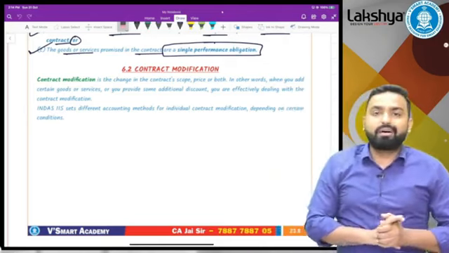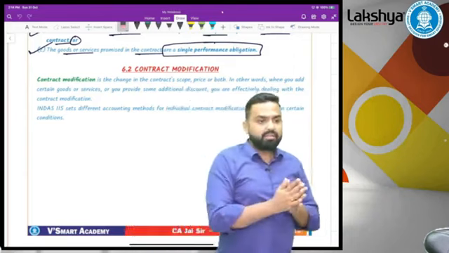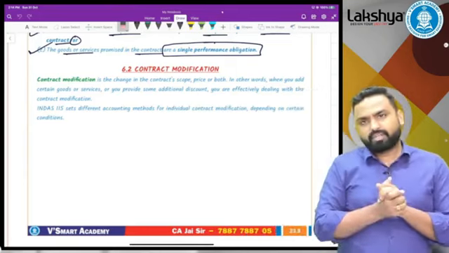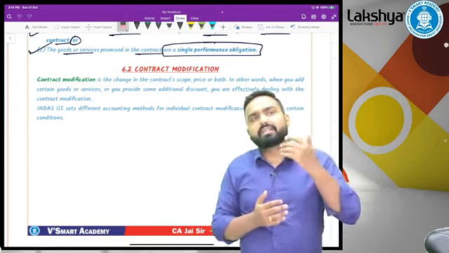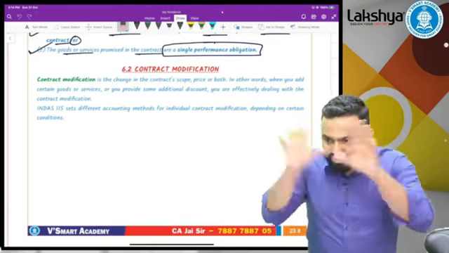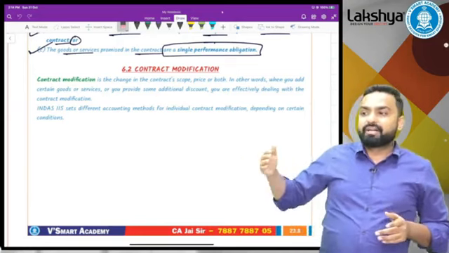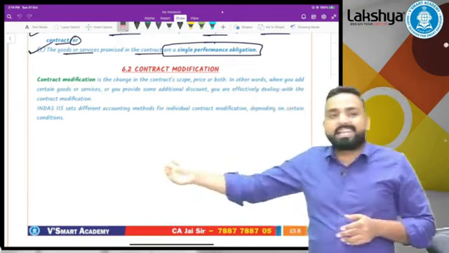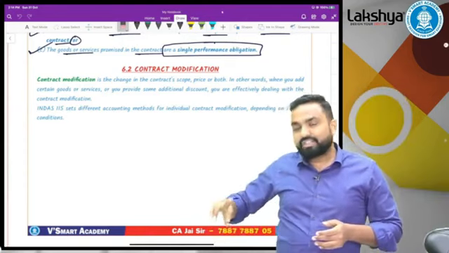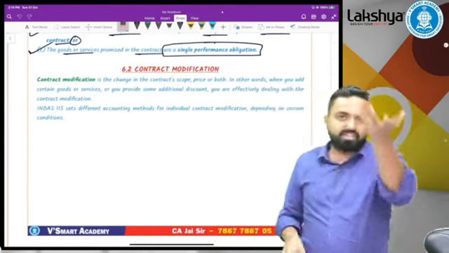Now, I told my customer that it will take 2 years to complete the construction. In the middle of the work, after 6 months, the customer came to me and said that in addition to this construction service, he needs to build a parking area also on the very next land situated with the same construction building.